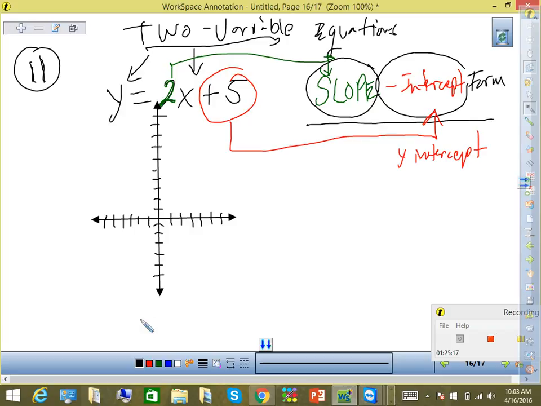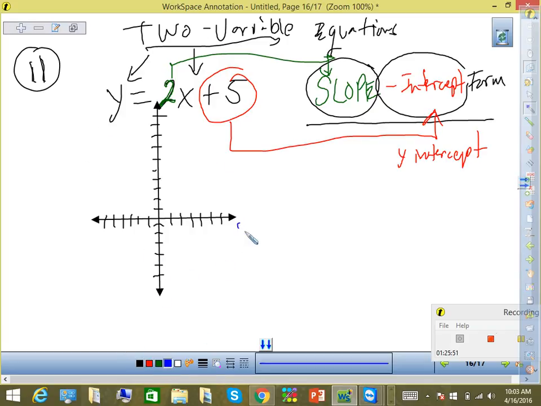All right? So now that we got to the graphing portion, we're going to graph a two-variable equation. Now this is, once again, where some of you get confused. That's why I'm going to go a little bit slower too, so you can understand. Our coordinate plane has two different axes.